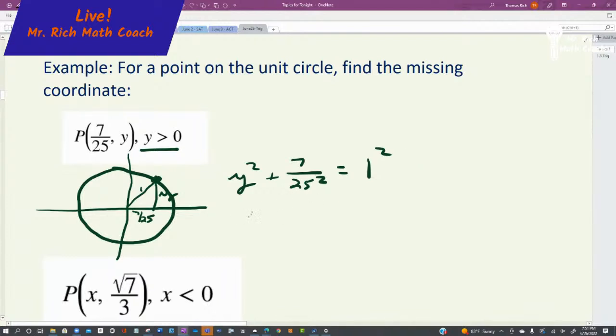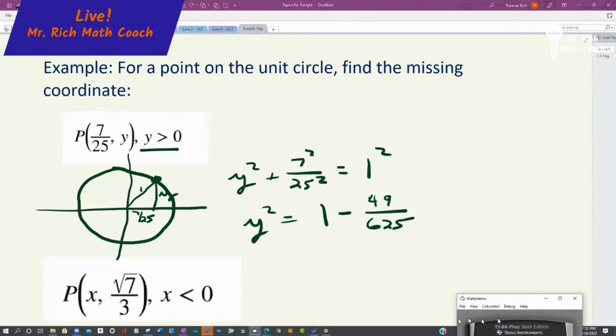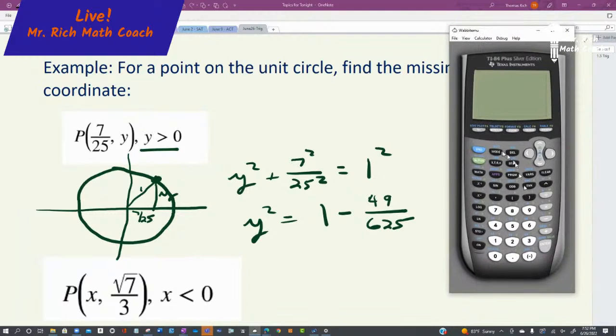Well, that would mean then that y squared that I'm looking for here would be 1 minus 7 squared, 1 minus 49 over 625.